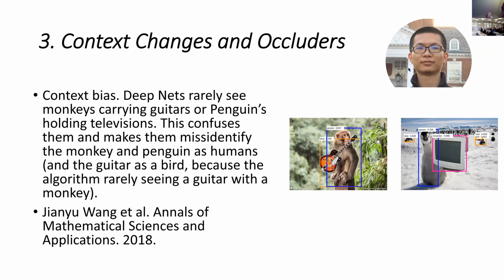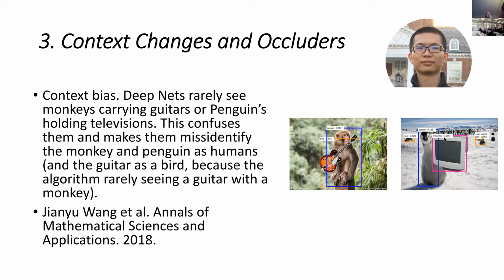So here are some images made by my ex-student Wei Chi Hang, who just graduated, like Wei Chao just graduated. You take a monkey and you give it a guitar, and now the deep network thinks that the monkey is a human and also thinks that the guitar is a bird. Similarly, you give a TV set to the penguin, and now the deep network thinks that the penguin is a human.